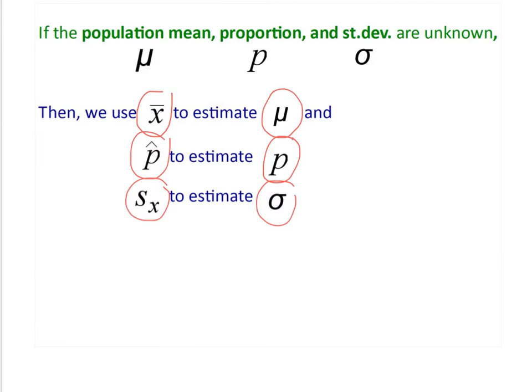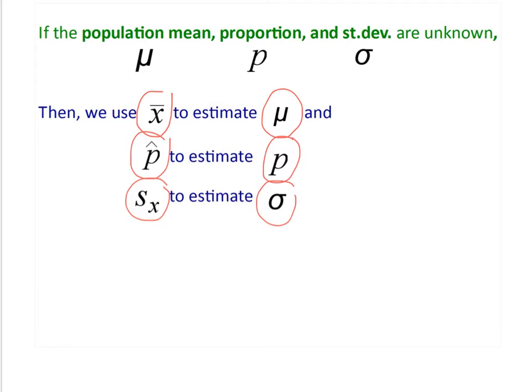So I use my sampling data to estimate my parameters, or my population data. This is all notation right now. This is just making sure we know what these symbols mean and why we use them.